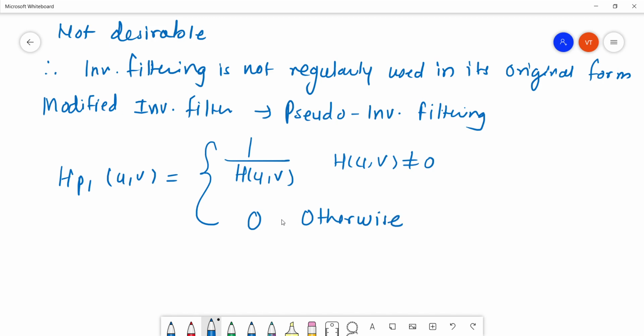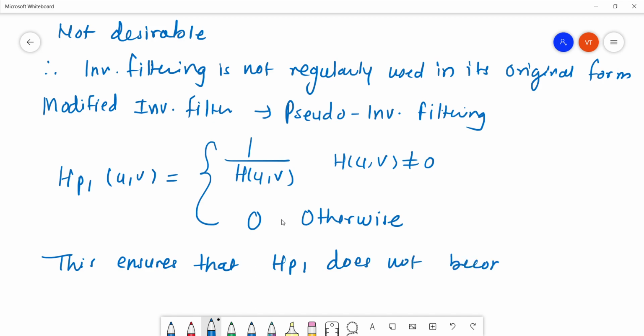This ensures that H pseudo inverse does not become infinity when H of u,v is equal to 0.